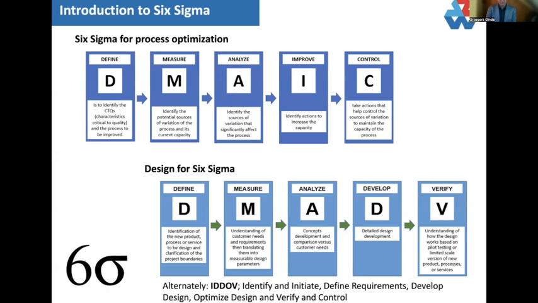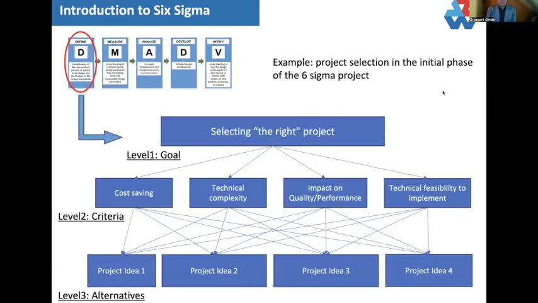So we are designing new processes, for example, manufacturing processes or other processes, and we end up with an improved design of the new process. Okay, can I have the next slide?